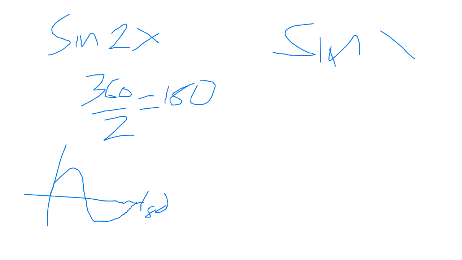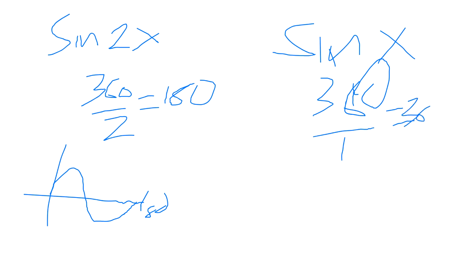my period, because the number in front of the x is 1, will be 360 over 1, which will give me 360.